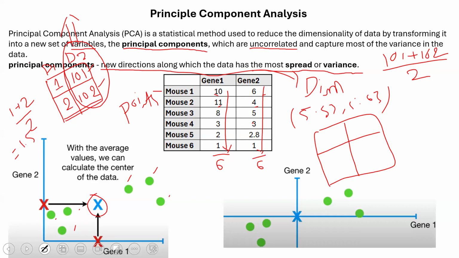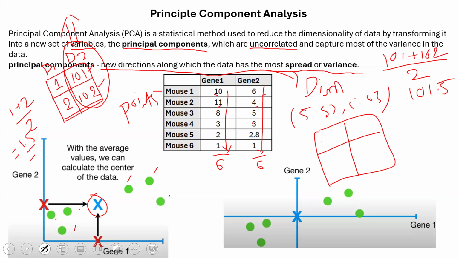Now let's take the mean of the other dimension, 101 plus 102 by 2. This became 101.5, right? So what you are doing right now is subtracting the mean from these points.